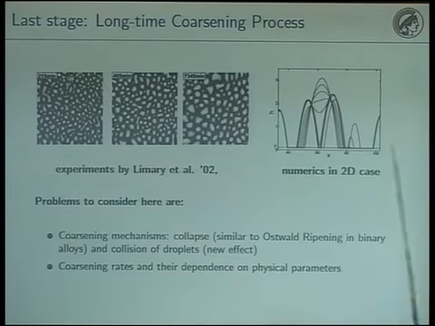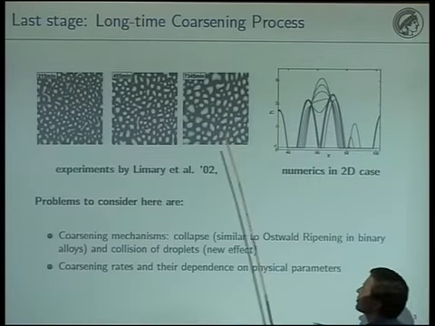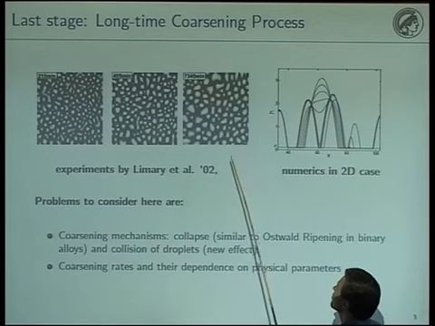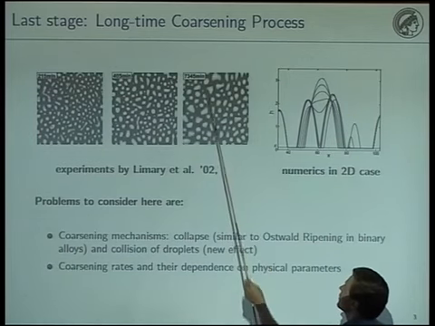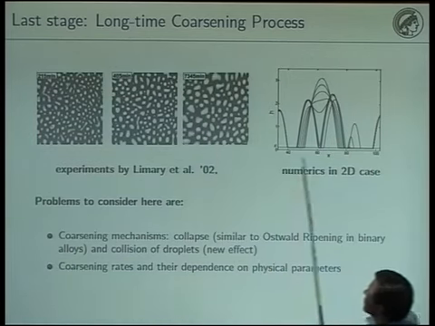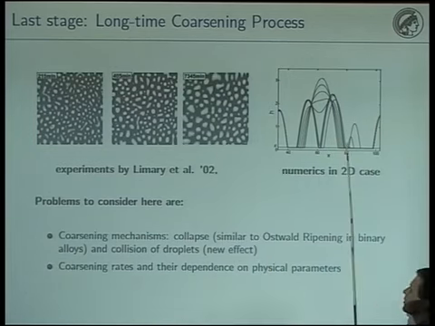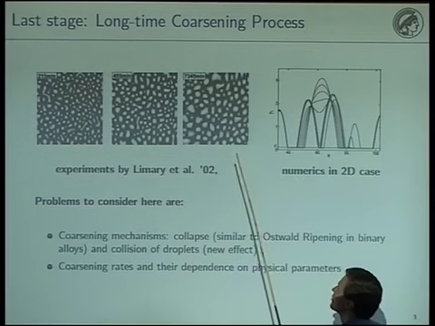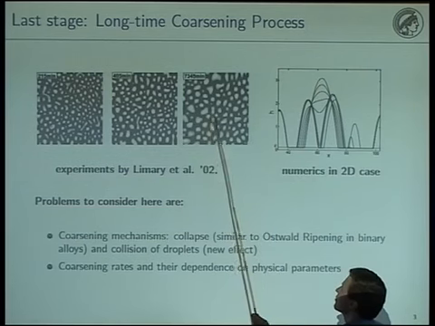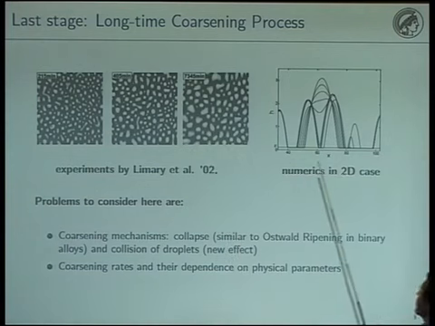So you see here a view from above on a coarsening system in an experiment, and you see that the coarsening happens on a very long time scale, around hours and days. The natural property here is that the average size of droplets increases in time and the number of droplets decreases in time.